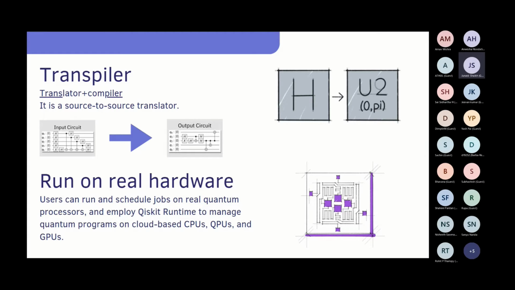After the combination of IBM server components plus some hardware calibration techniques, this output of the transpiler will be converted into pulses, or electronic pulses.